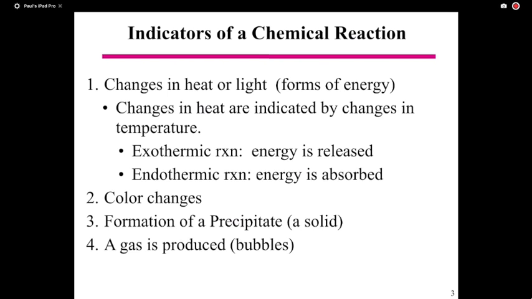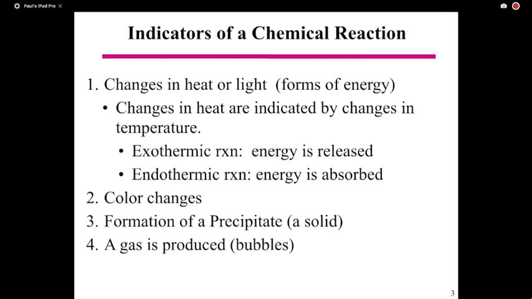If you held it in your hand and energy is released, it would feel hot. Endothermic, energy is absorbed. So if you put something in your hand and it was endothermic, it would take the energy from your hand into itself. It would feel cold. Most reactions will be exothermic if they are what is called spontaneous.